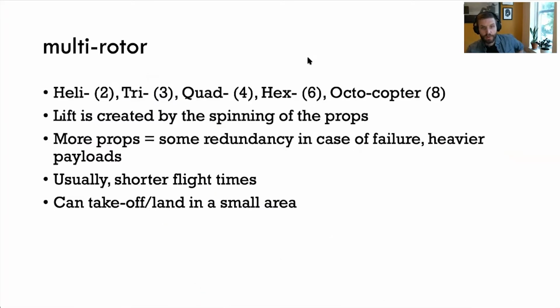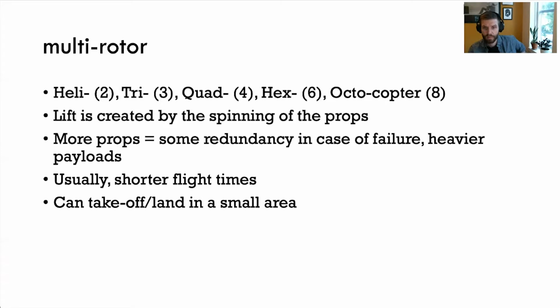As I mentioned, these multi-rotor drones can have any number of combinations. The quadcopters with 4 propellers are some of the more common consumer drones, but they can have many more. The more props they have, the more redundancy in the case of failure, and the heavier payloads they can carry. So if you see one of these carrying a large video camera for movie making, oftentimes those will be the hex or octocopters with 6 or 8 propellers.